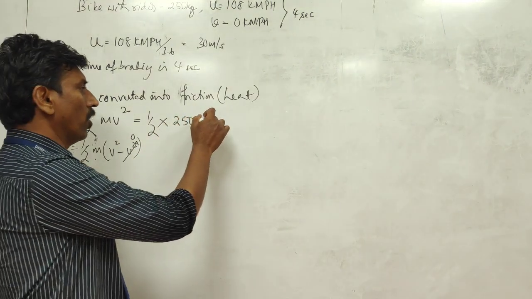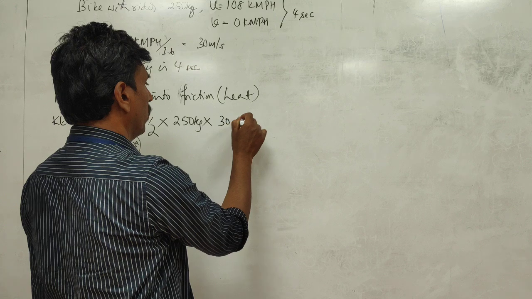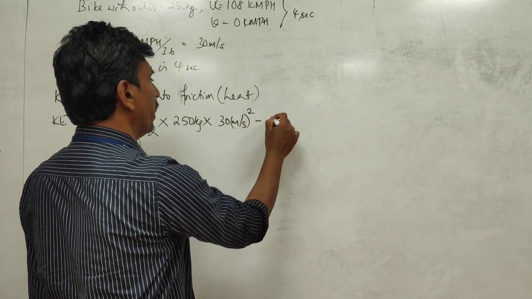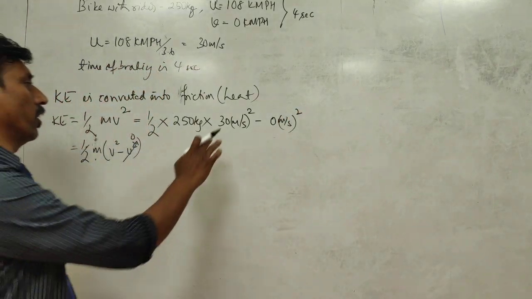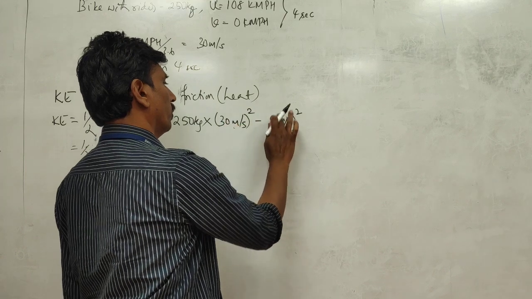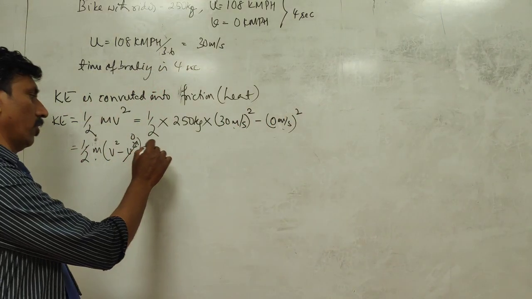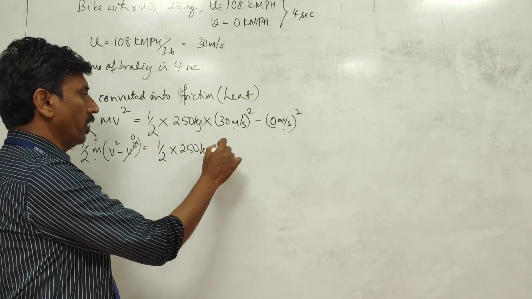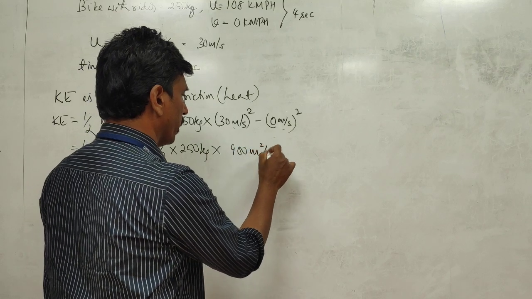So here velocity is how much? 30 meters per second. 30 meters per second whole square minus 0 meter per second whole square. So half into 250 kg into 30 square, which is 900 meter square per second square.